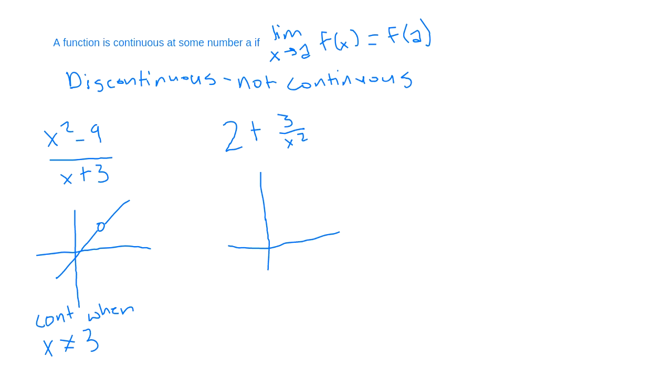That is going to look something like this. Well, this function cannot exist when x equals 0. So we know that it's continuous when x does not equal 0. And now lastly, we have a piecewise function.